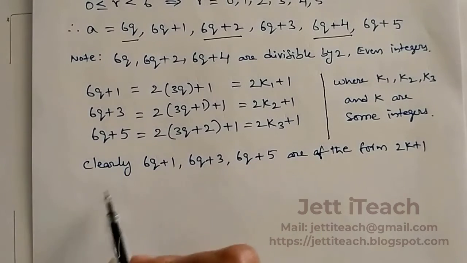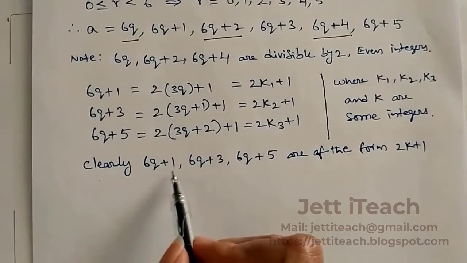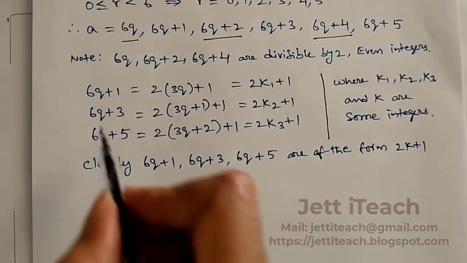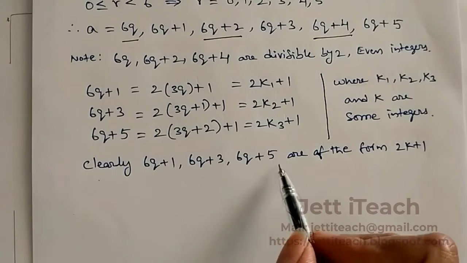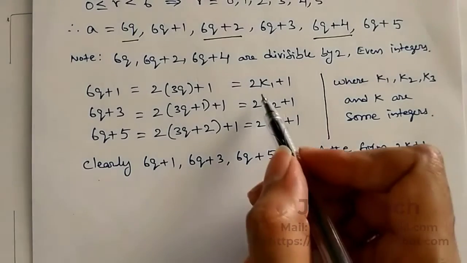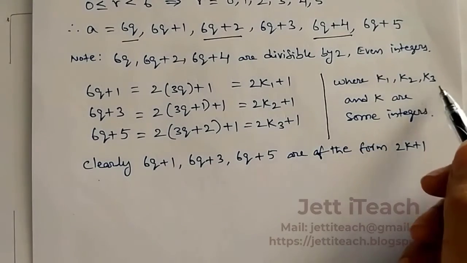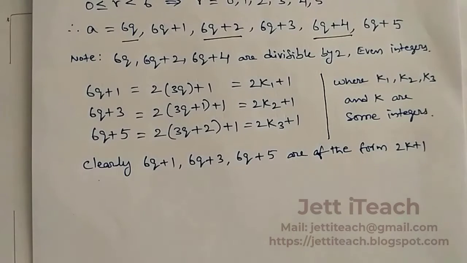Okay, I wrote it clearly: 6q plus 1, 6q plus 3 and 6q plus 5 are of the form 2k plus 1, where k1, k2, k3 and k are some integers.